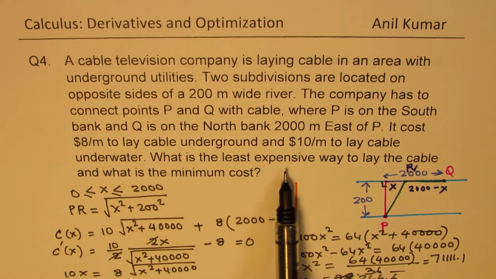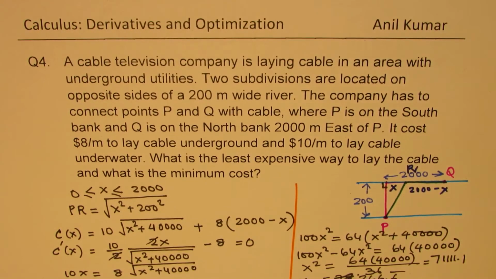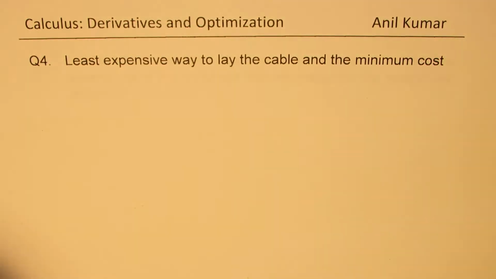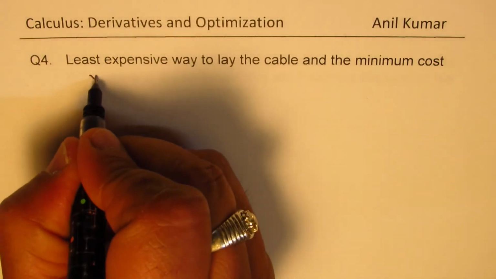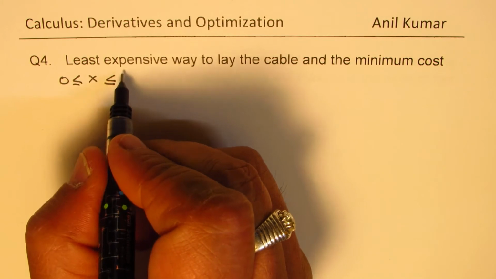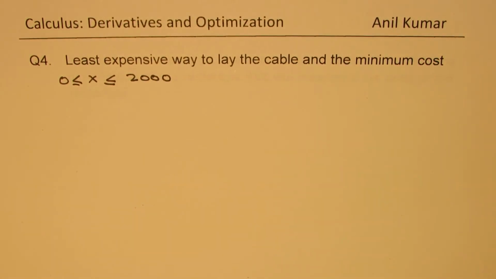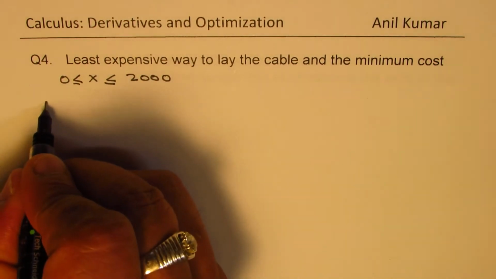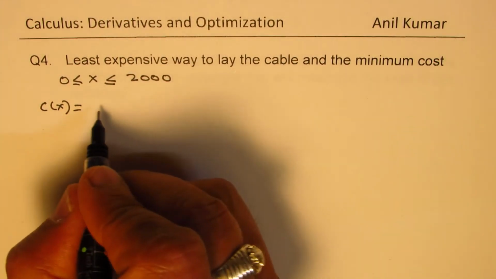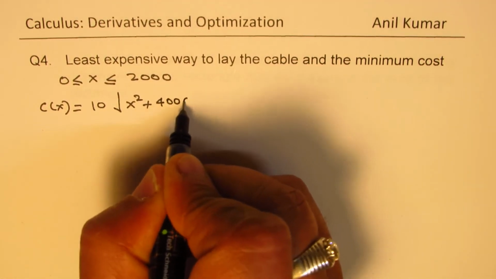So what is the least expensive way to lay the cable, and what is the minimum cost? So let's take it on a fresh page and find both, right? So what we figured out is that x is a value between 0 and 2000. The cost function for us was equal to 10 times the square root of x squared plus 400, right?